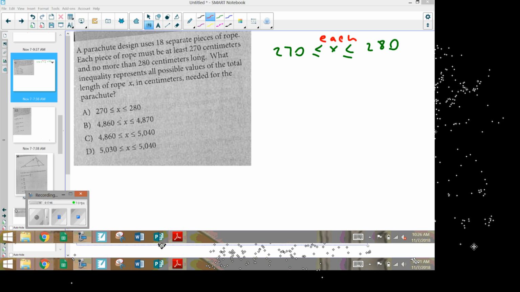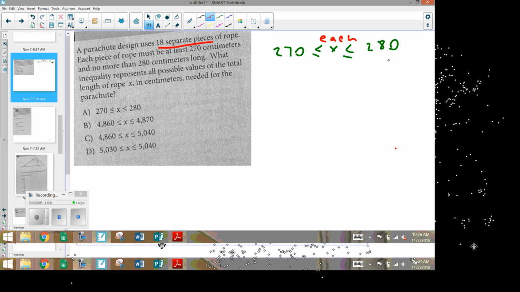18 separate pieces. This is for each piece, but how many pieces do we have? We have 18 pieces. How am I going to make them? I'm going to multiply by 18.